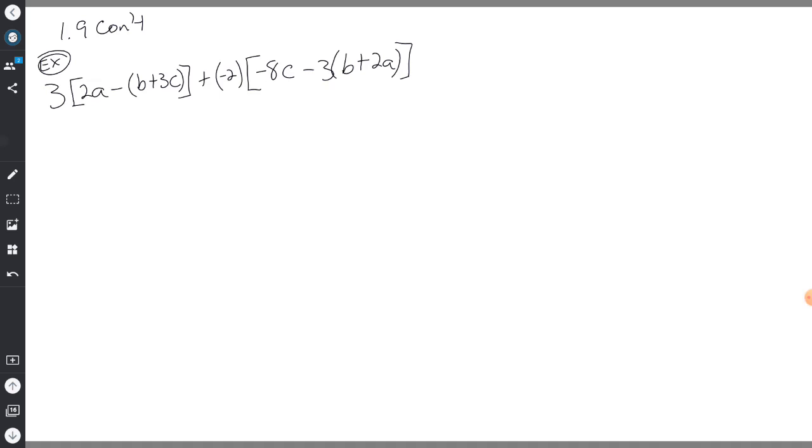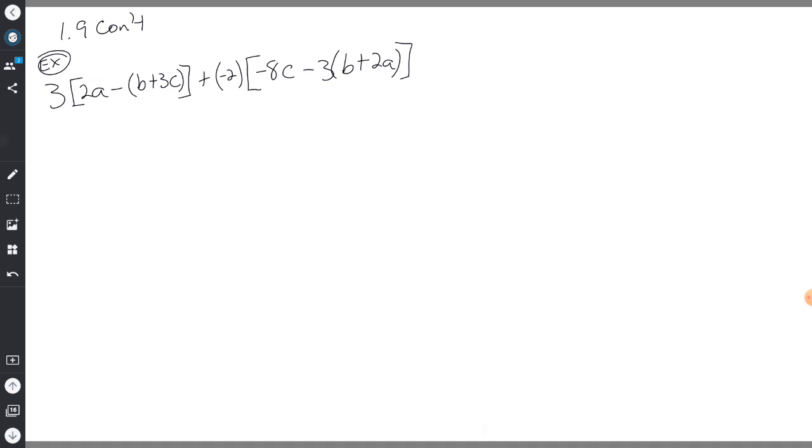So in this problem here, what we can see is we have this plus this. So we can start with the first one, and this would actually be the first term, and this is the second term because of the plus sign that's between them.